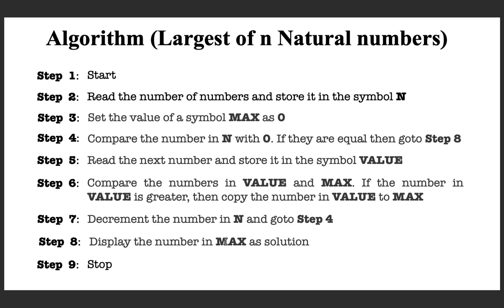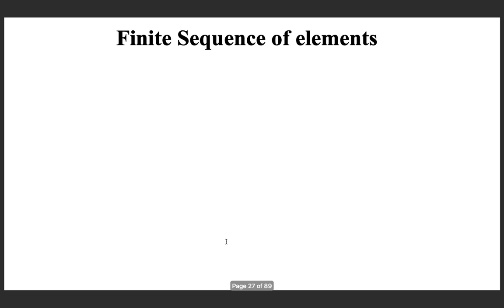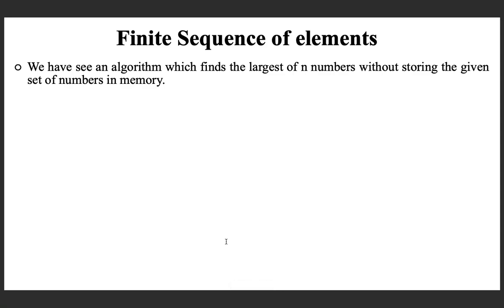Now we need to discuss a data object, which is a finite sequence of elements. We have just seen an algorithm which finds the largest of n numbers, and the algorithm is not storing the given set of numbers in memory at the same time.